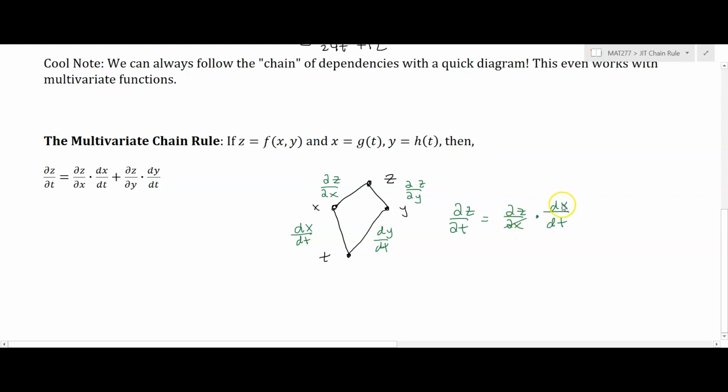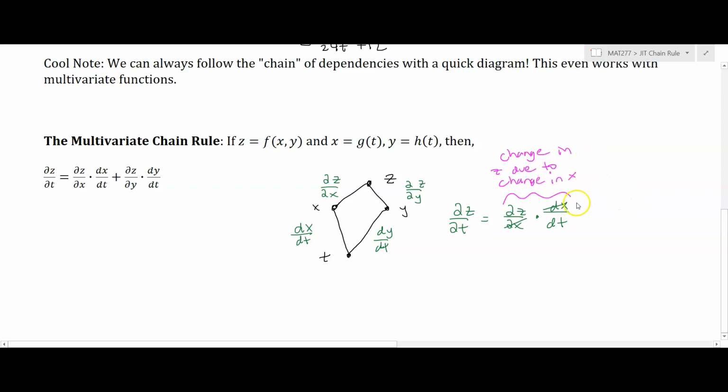And what you notice here is the changes in X cancel, and there's a dz dt right there, which matches up with the units. But this is what we can call the change in Z due to X. Change in Z due to change in X.